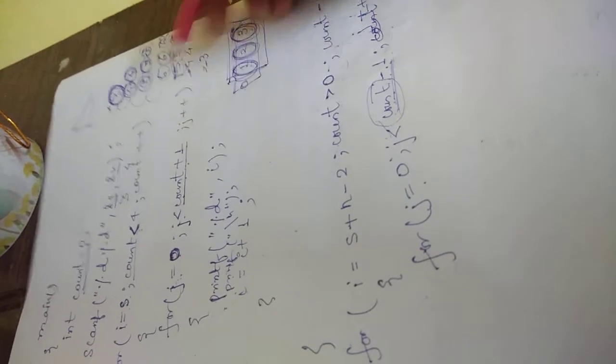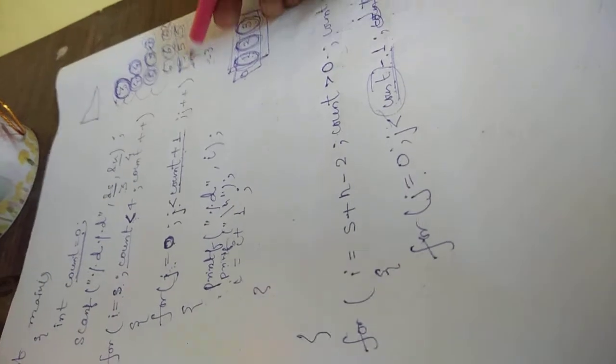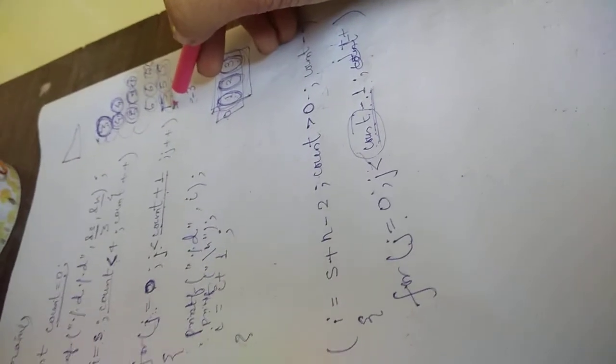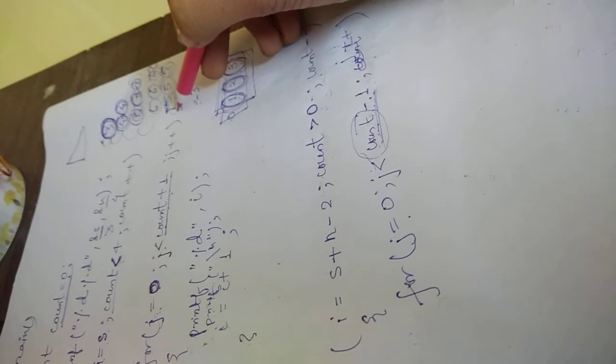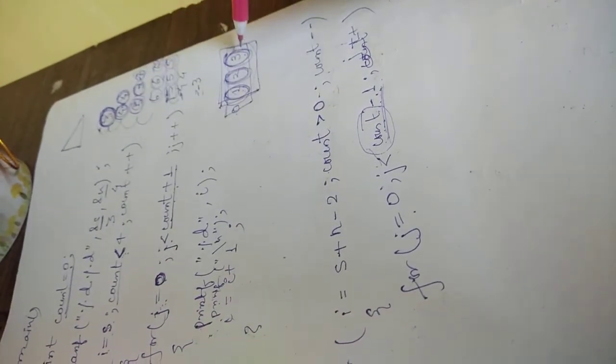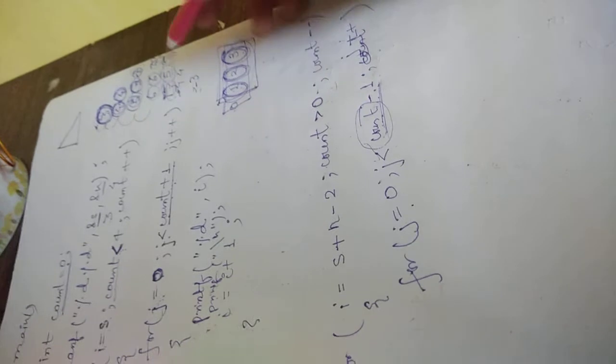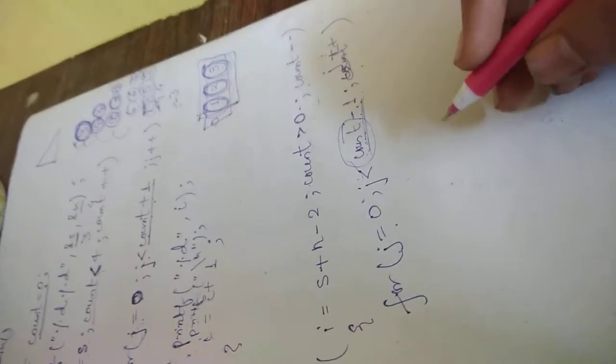And here I have to print 3 times, so j equals 0. j should be less than count minus 1. That means 3 minus 1 equals 2, so it will print 0 1 2. Understood? So this is the logic. j plus plus.